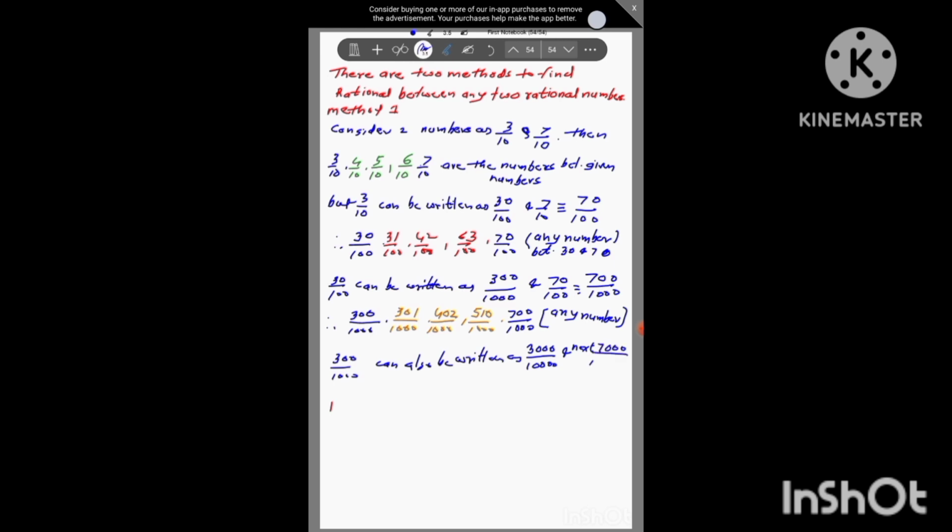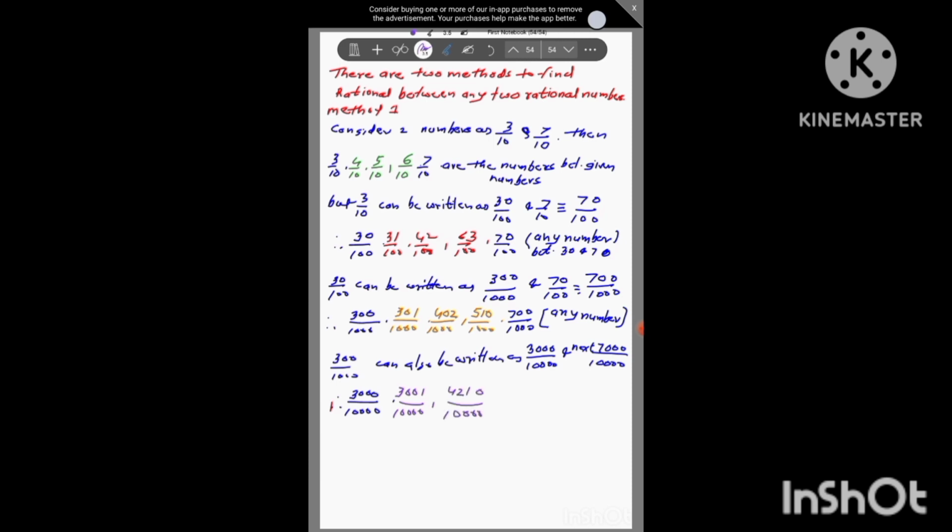Now try to find the numbers between 3000 and 7000, as many numbers as you want, divided by 10,000, and these will all be rational numbers between 3 upon 10 and 7 upon 10.